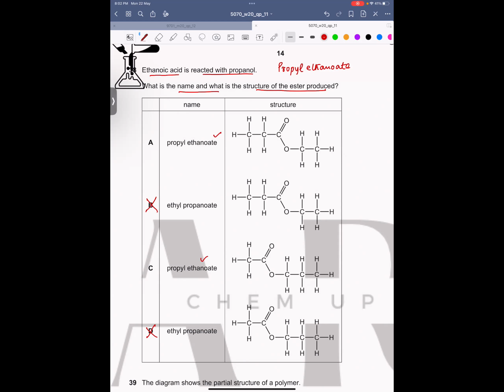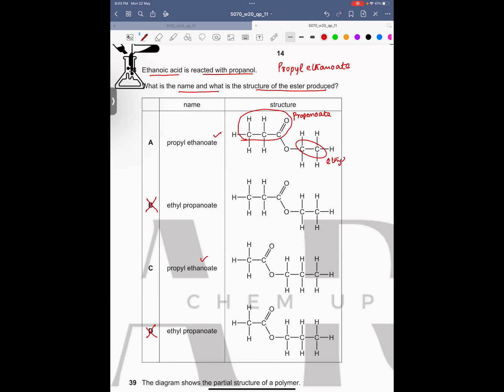So the alkanoate part, or the ethanoate part, has a C double bond O carbon, and the alkyl, the propyl part, has only the hydrocarbon part. So if you see over here, the alkyl part has 2 carbons, and the alkanoate part has 3 carbons. So it is indicating that they have drawn propanoate and ethyl.